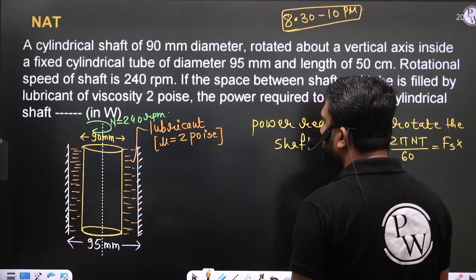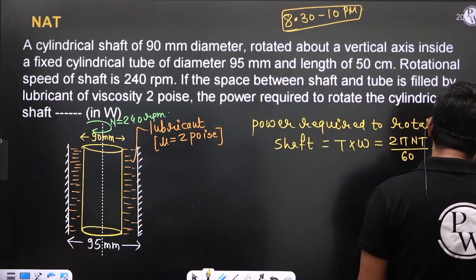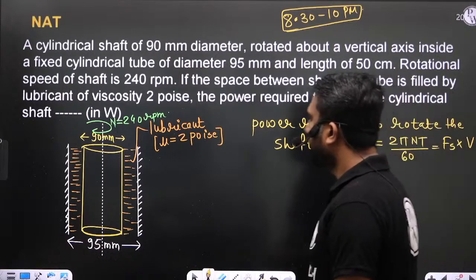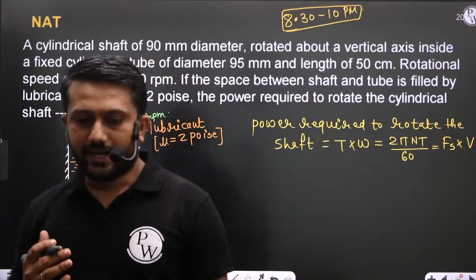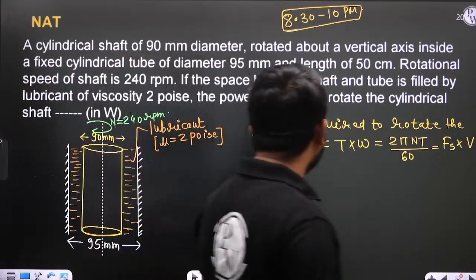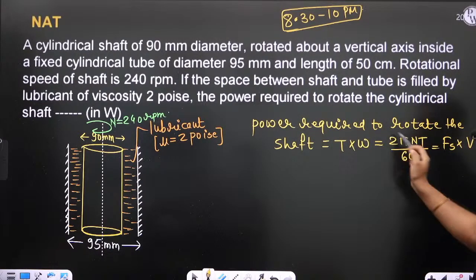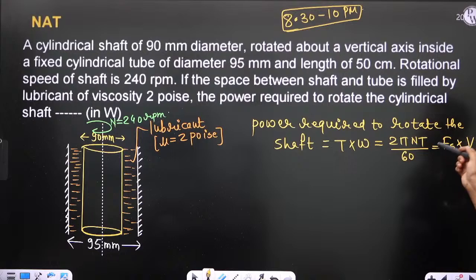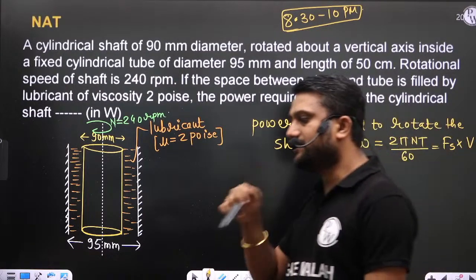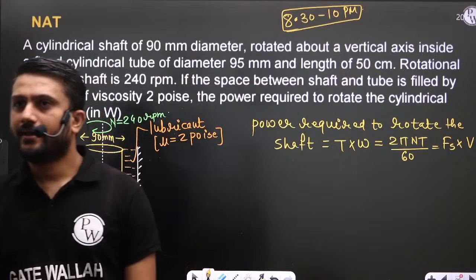Which velocity? Tangential velocity or linear velocity of the shaft. So Fs multiplied by V.